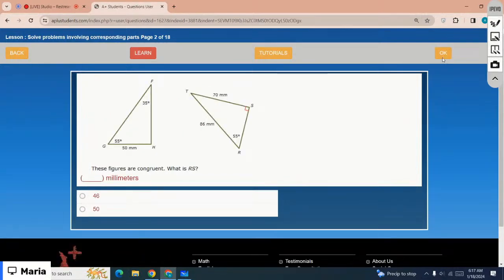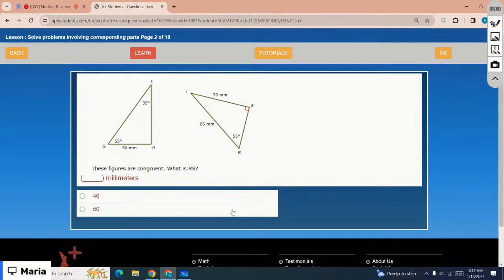Okay, these figures are congruent. What is RS? Which is the correct option? Yes, that is 50 millimeters.